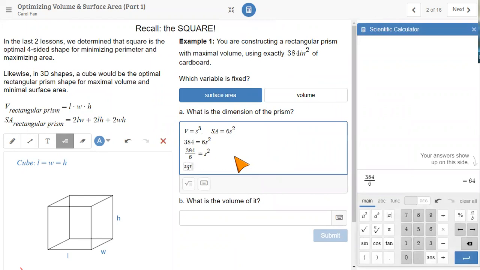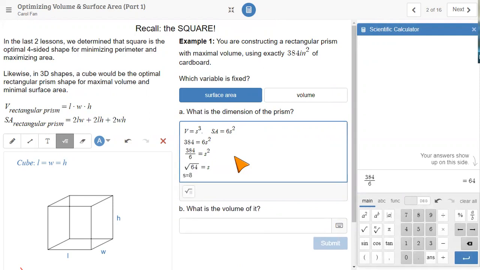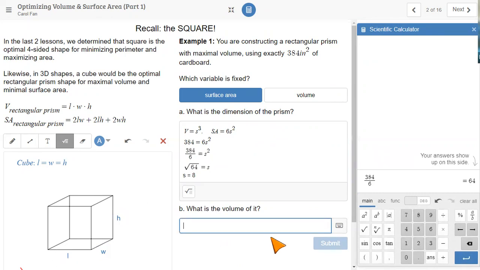And then we have the square root of 64 is equal to s, and s is equal to 8. Okay, so we know that this shape has to have 8 times 8 times 8. So what's the volume? 8 to the power of 3, and we have 512 inches cubed, or cubic inches.